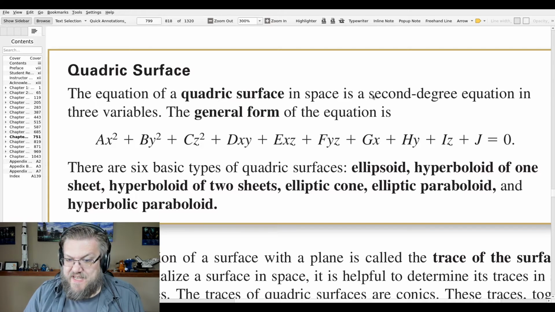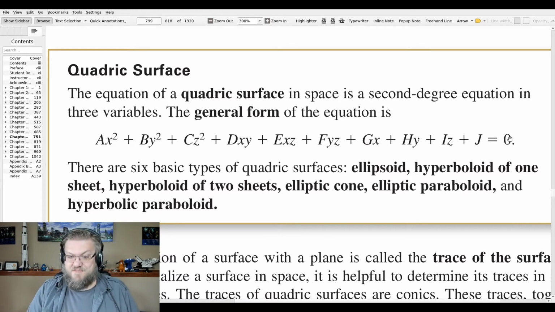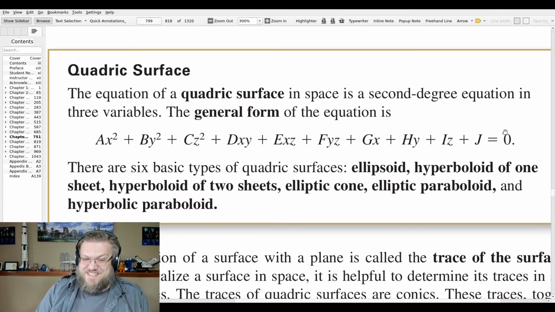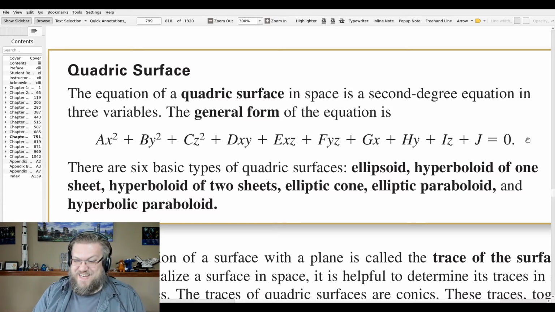Yeah? In 3 variables, the general form of the equation is this: ax squared plus by squared plus cz squared plus dxy plus exz plus fyz plus gx plus hy plus iz plus j equals 0. All right? And so all this is saying is that any combination of these things, if you have x squared terms, y squared terms, z squared terms, or you're allowed to have one of the variables and another one of the variables.